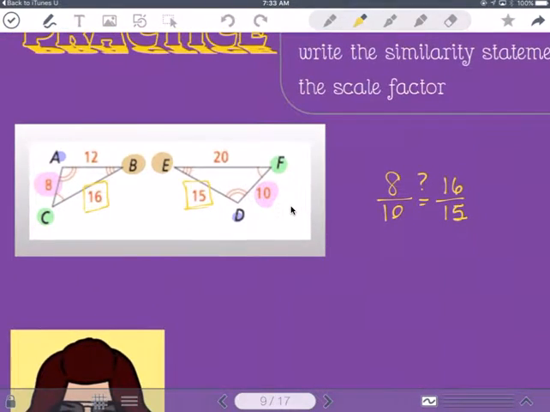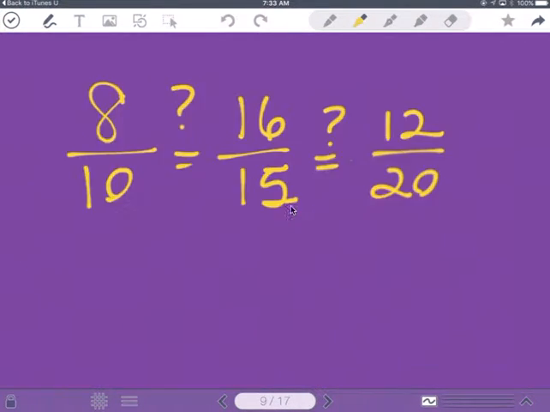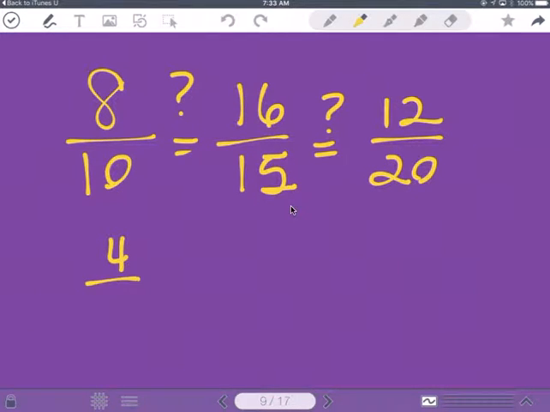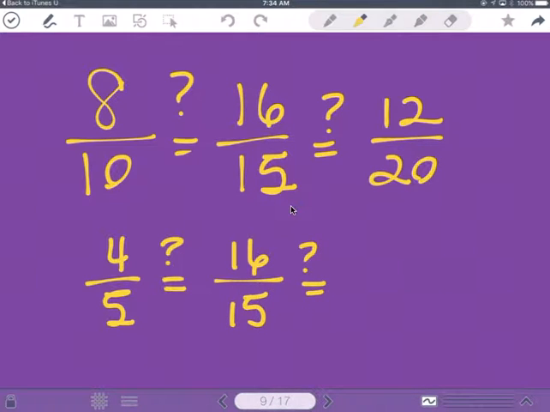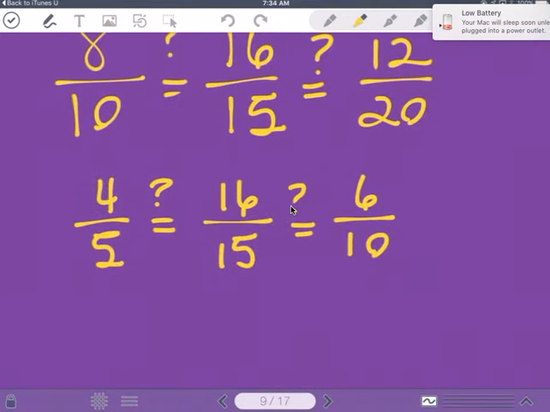The last one's going to be 12 over 20. All right. I'm going to simplify all of these. So I get 4/5 here. Those actually don't simplify anymore. And we get 6 over 10.